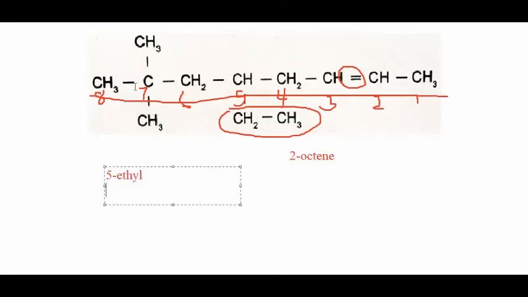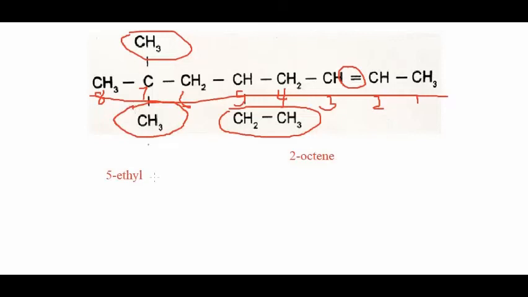Next, we have substituents that are connected to the 7th carbon. So we have here methyl. So we have 2 methyl that are connected to the 7th carbon. So the name will be 7, 7. Since we have 2 methyl, we're going to name it as dimethyl.